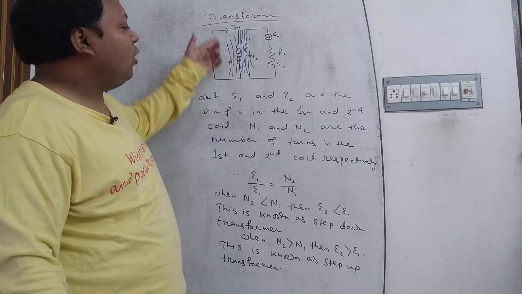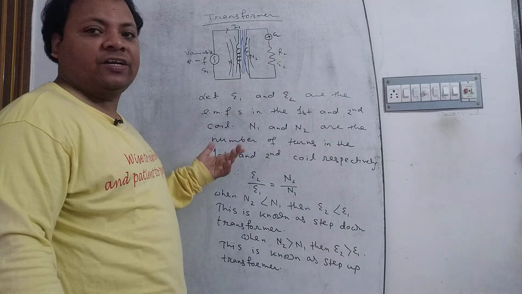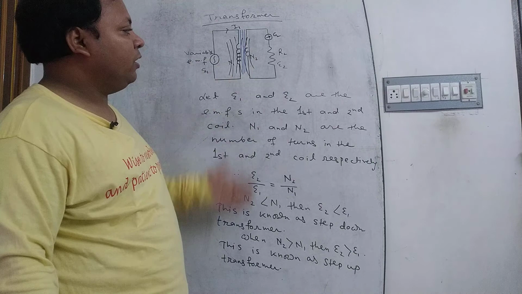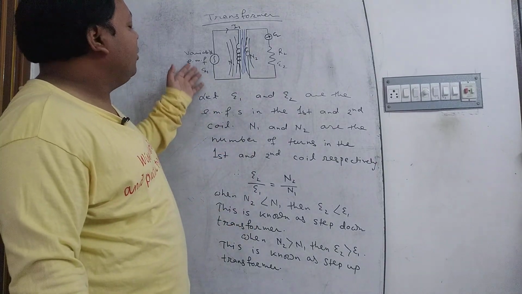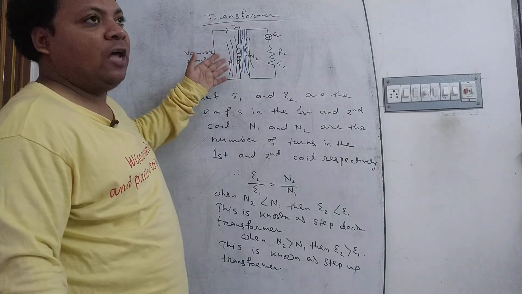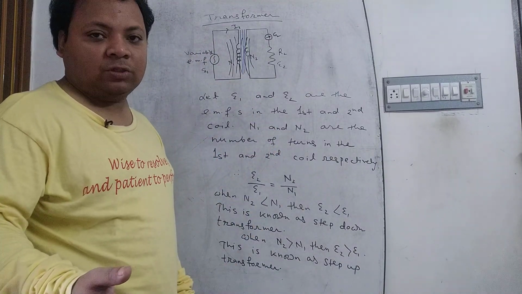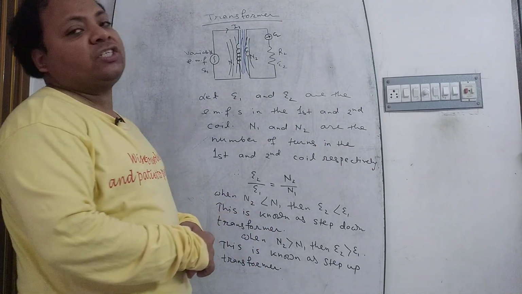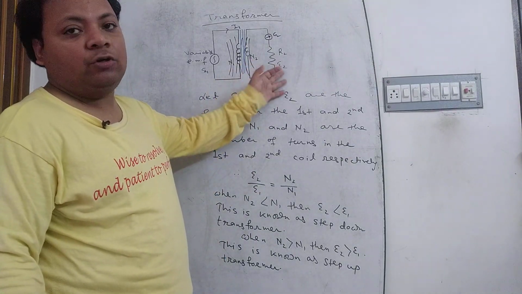Due to the variation of the EMF or current in the first coil, the magnetic flux linked with the second coil also changes with time. Due to this variation of the magnetic flux in the second coil, an induced EMF is produced in the second coil. This is known as epsilon 2.